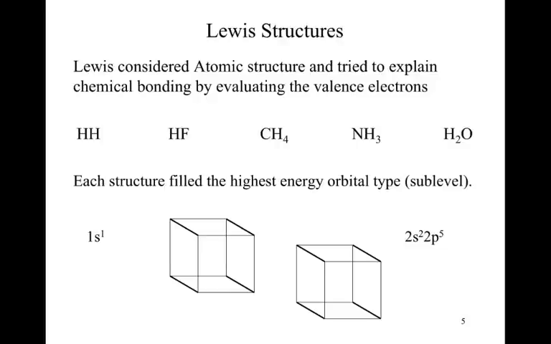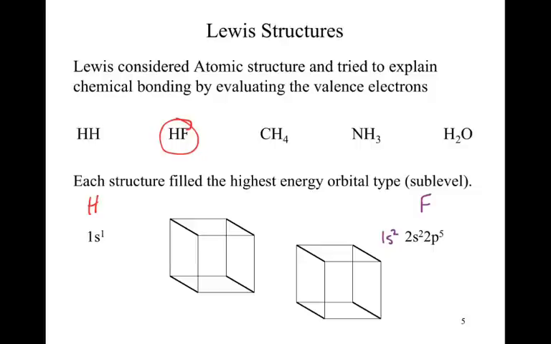So what he went through to do to evaluate each and every single one of his potential structures is he took the electrons from each of the atoms. So notice we have the electron configuration for hydrogen on the left, and we have the electron configuration for fluorine on the right. You might say, well, aren't I missing the 1s2 electrons? Yes, but this is where Lewis's theory kind of takes a leap.